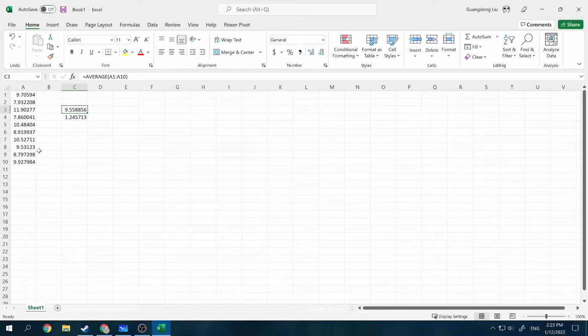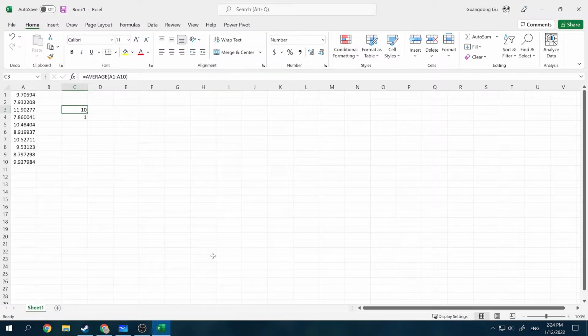How you go about reporting this number is, first of all, you want to round your error to only one significant digit. In this case, it's going to be 1. And then once you have your error, you want to round your number to match the last digit, which in this case has to be like here.